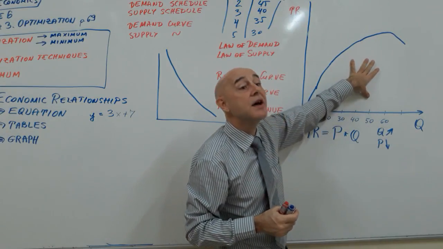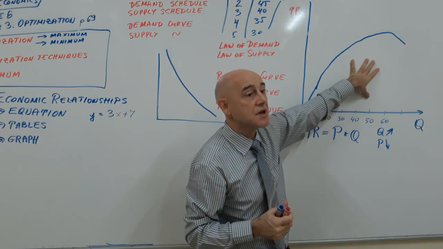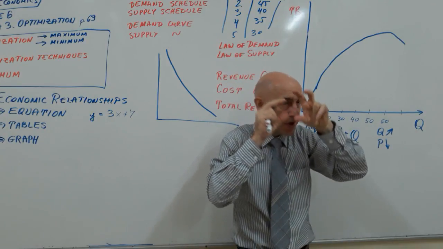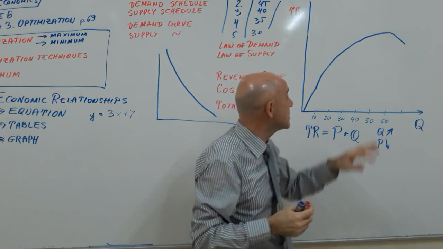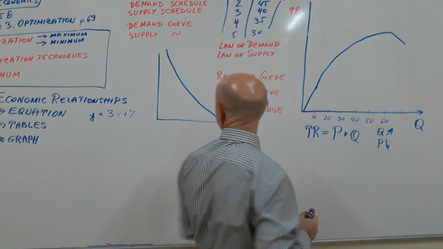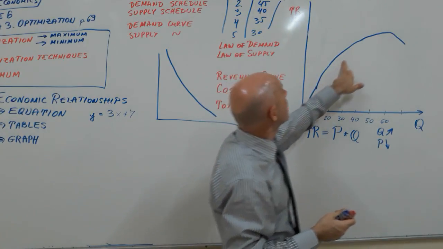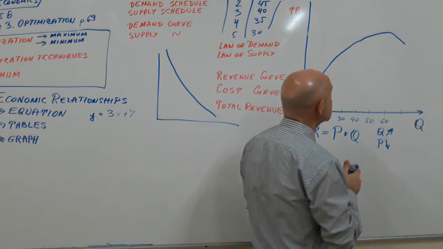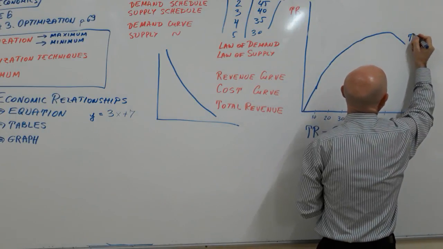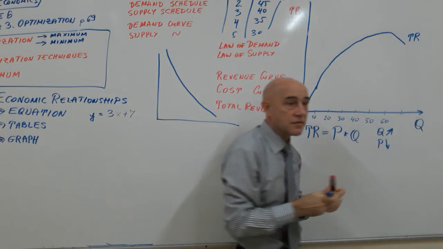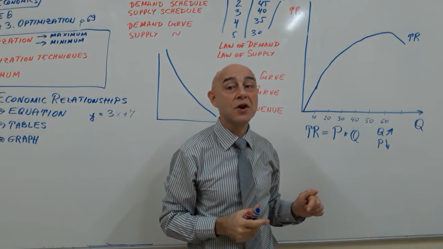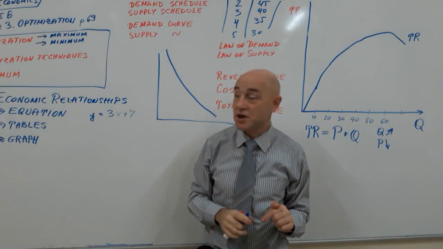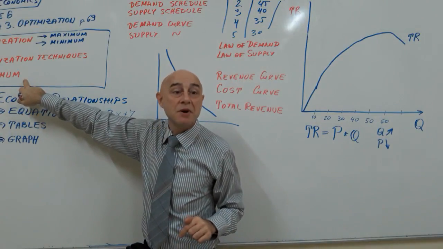And probably I'll have an example of this soon, so you can actually see the numbers, how you start multiplying, and actually the revenue goes down. But for the moment, the idea is that this is a graph of a total revenue. Well, now coming back to where I started class this evening was optimum.